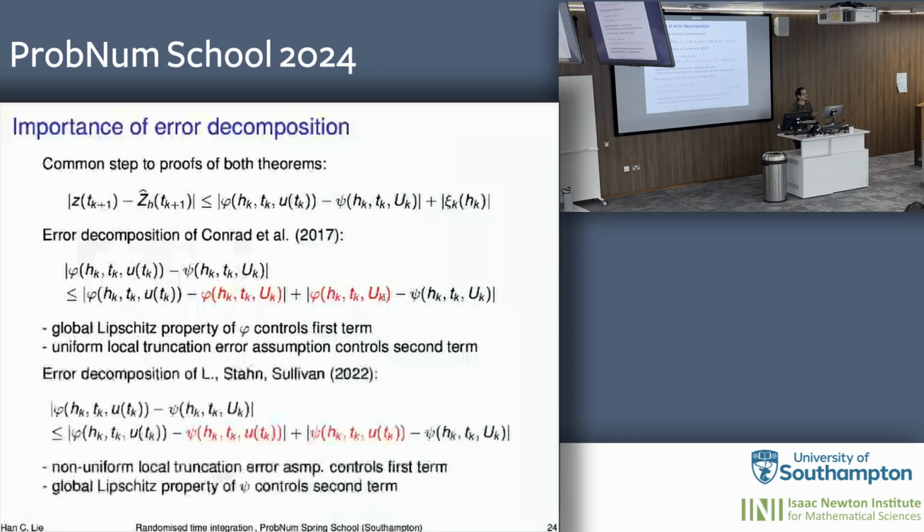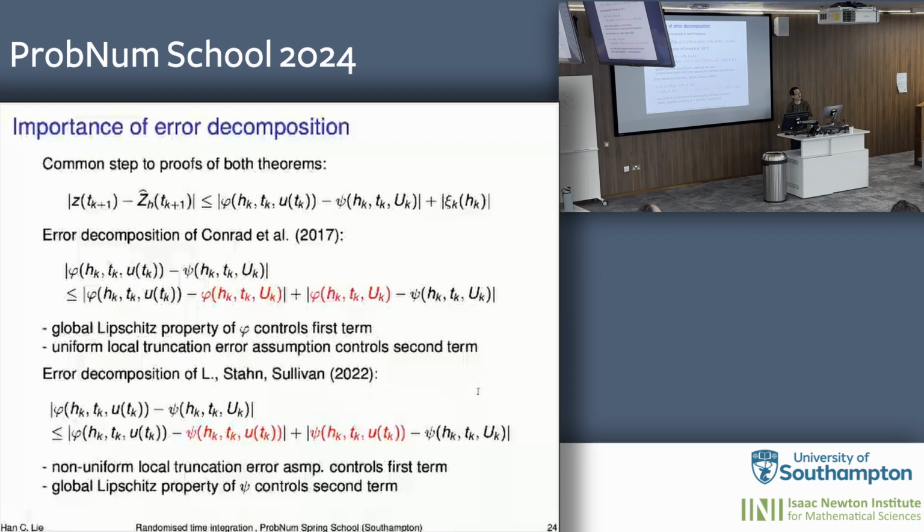What we did was we added a different 0. We added the 0 which was based on the deterministic numerical method. And this enabled us to use a non-uniform local truncation error assumption for this term, and a global Lipschitz property of the deterministic numerical method for the second term. And if there's anything that I'd like you to take away from this talk, it's that error analysis is like a game.